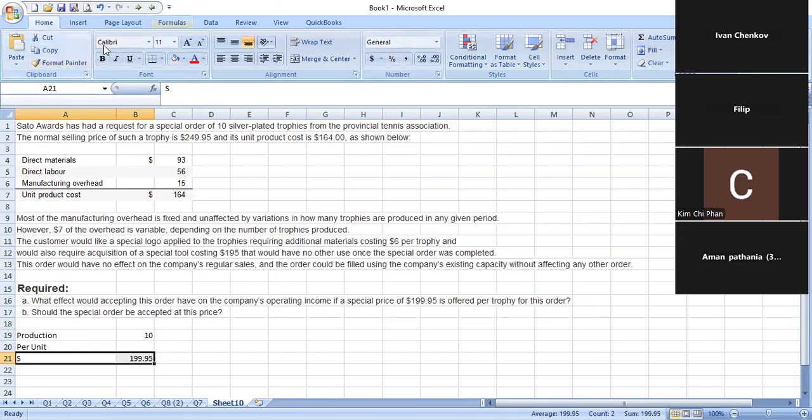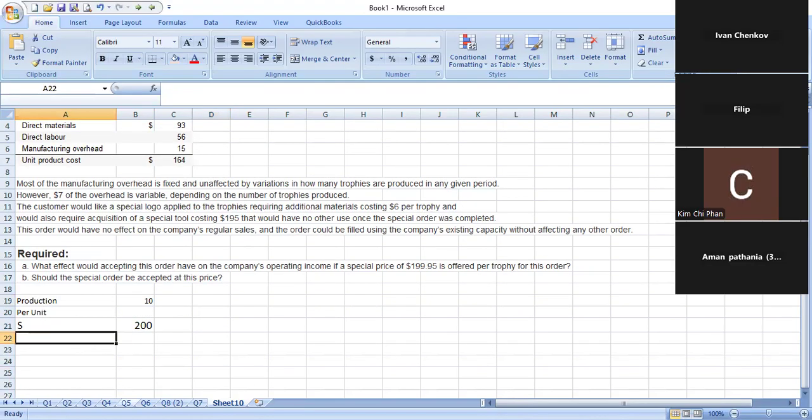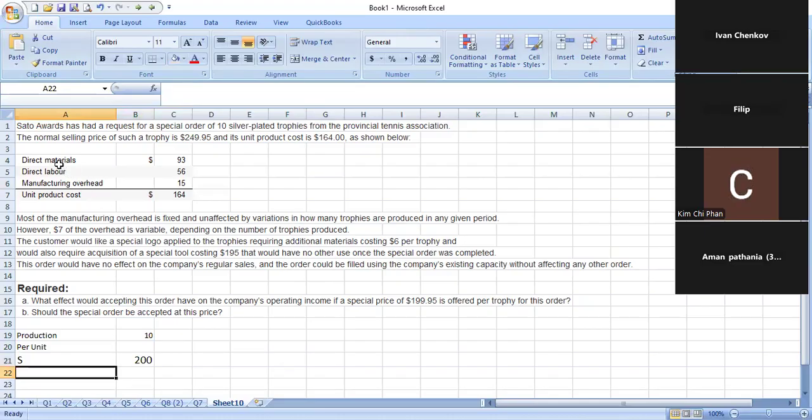We need a tool that costs $195. Let's leave that one for last. First, what do we need to produce this product? What's the first thing we need? Direct material. Start with the obvious things.